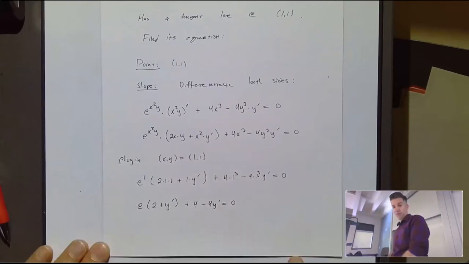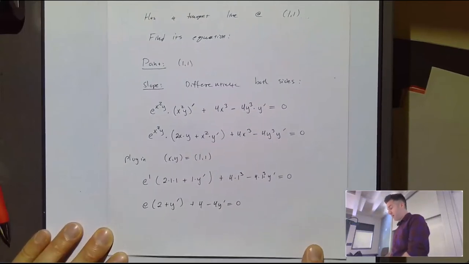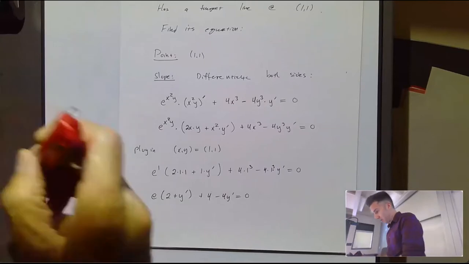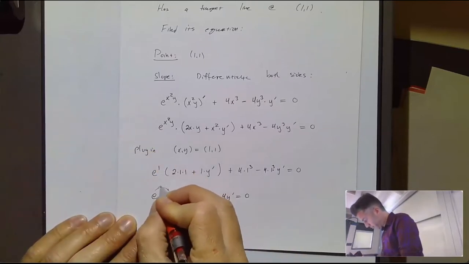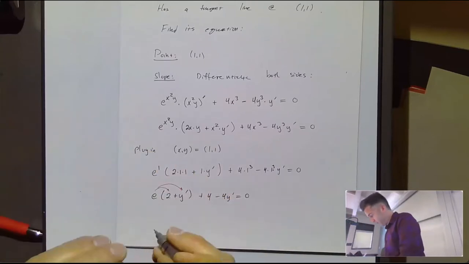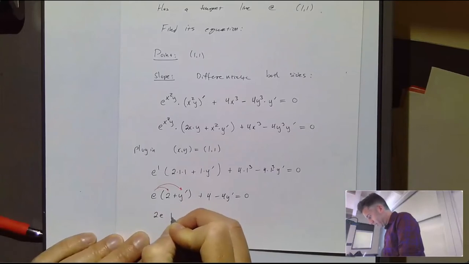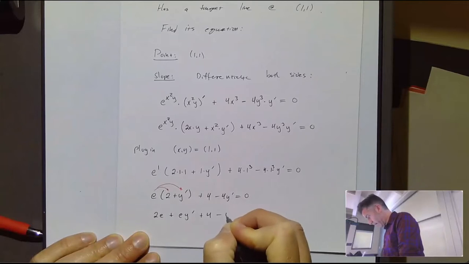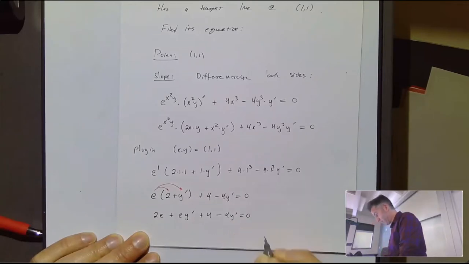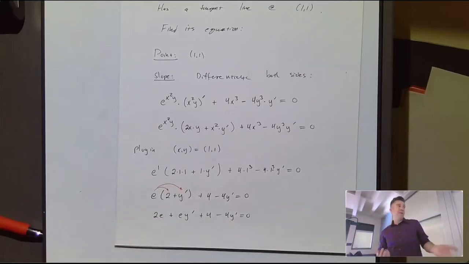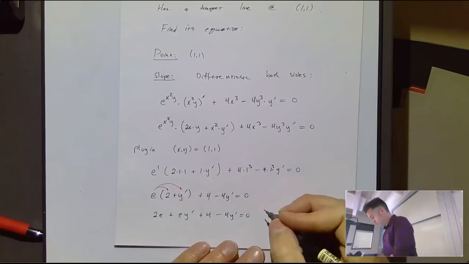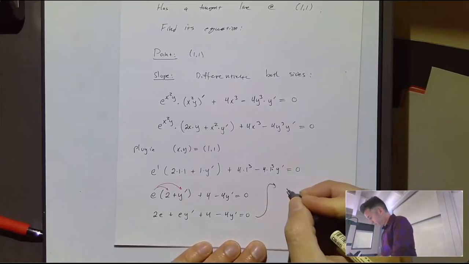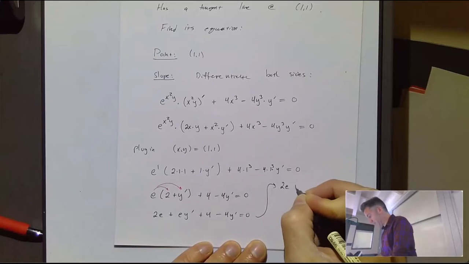And now we're going to group our y primes together. Well, actually, now I'm going to distribute this e here. So I'm going to have 2e plus e times y prime plus 4 minus 4y prime equal to 0. I'm going to bring my y primes to the right, atypically maybe. So on the left, I'm going to have 2e plus 4.